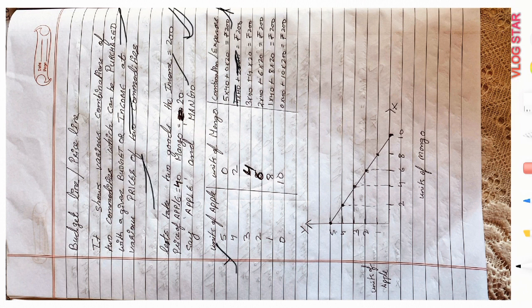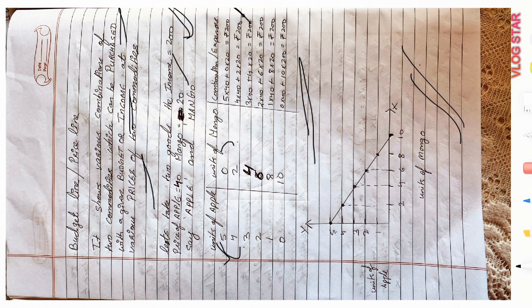He has that combination. Another combination he can use is when he consumes 4 units of apple and 2 units of mango. So 4 into 40 and 2 into 20 is again giving 200. Either way his budget has to be reached. That's the condition over here. So just follow the table, and I've just drawn this budget line.